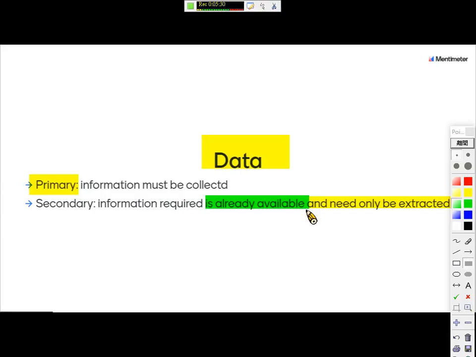There's another way to see the difference between primary data and secondary data. Everything that already exists in this world, every data already existing on paper, is secondary data. You can imagine this is secondary data because it's over there, right?